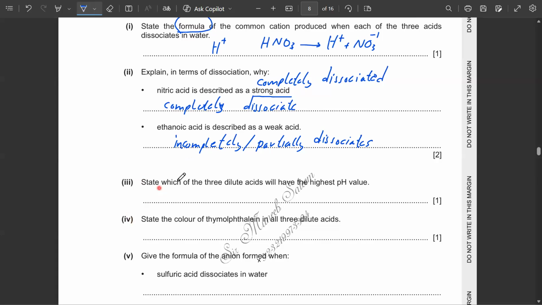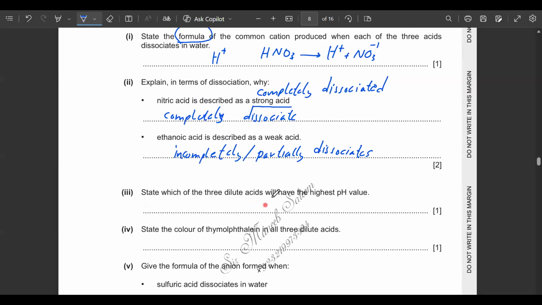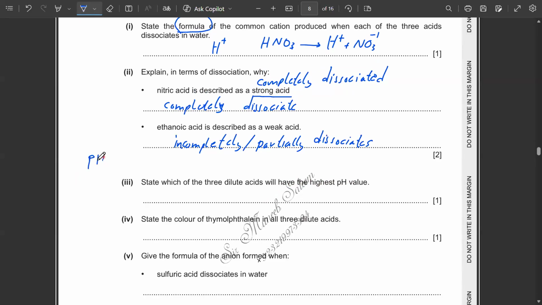Then the third part, which of the three acids will have the highest pH value? With respect to the pH, we are already familiar. A value less than 7 is termed acidic. A value greater than 7 is termed basic. And a value equal to 7 is termed neutral.